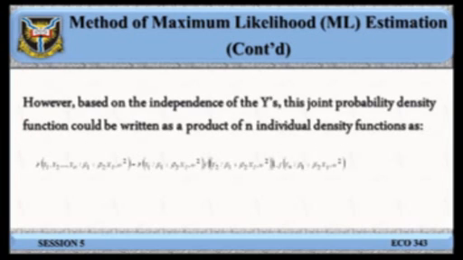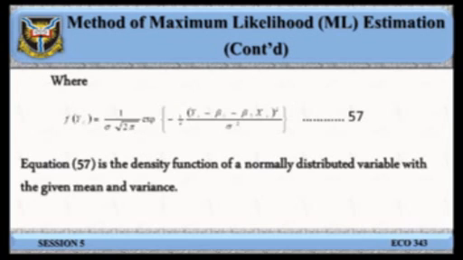However, based on the independence of the y's, this joint probability density function could be written as a product of n individual density functions as the formula below, where f of yi is equal to 1 over sigma square root of 2 pi exponential brace open minus 1 over 2 into bracket yi minus beta 1 minus beta 2 xi squared over variance brace close, equation 57.